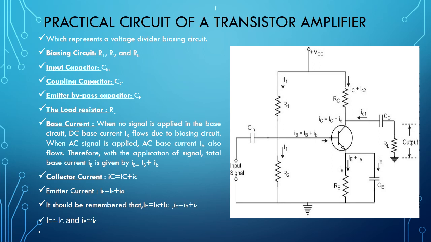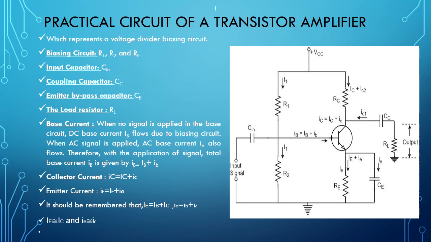Due to the presence of this coupling capacitor, the output across the load resistor RL is free from the collector's DC voltage. If this coupling capacitor is not present, the bias conditions of the next stage will be drastically changed due to the shunting effect of collector resistance RC, as it would come in parallel to the R2 of the next stage.